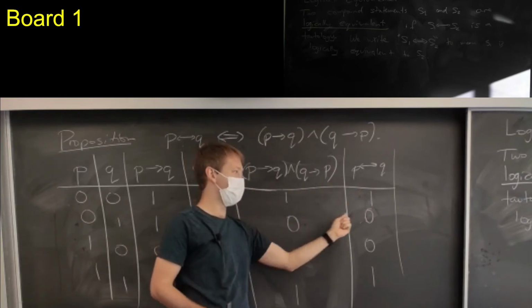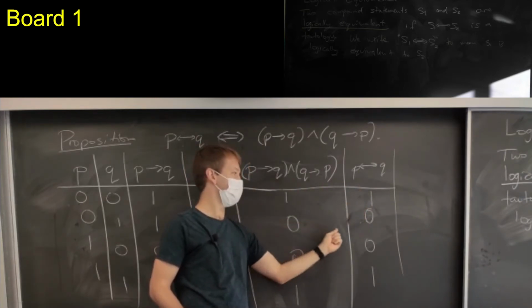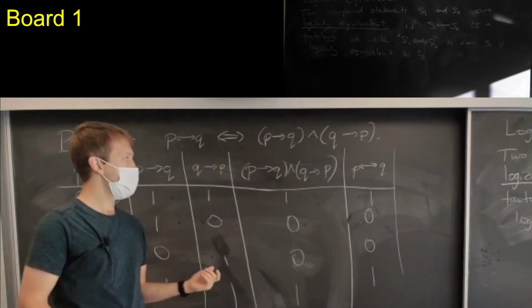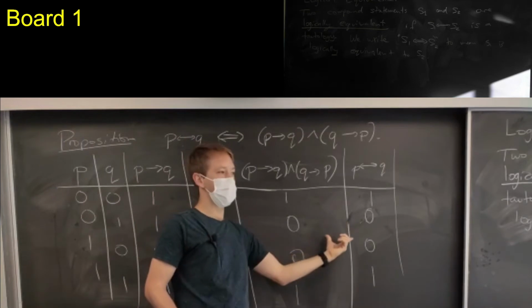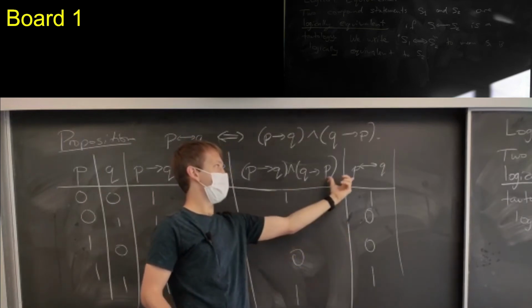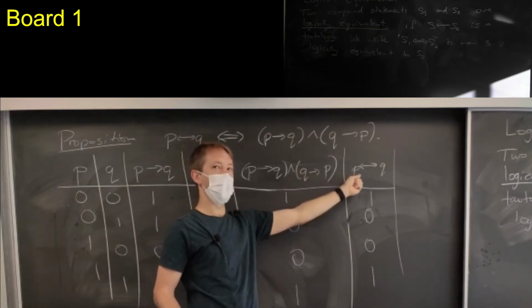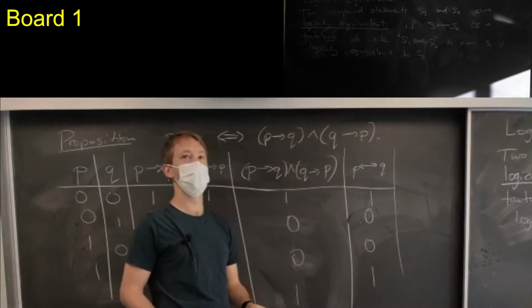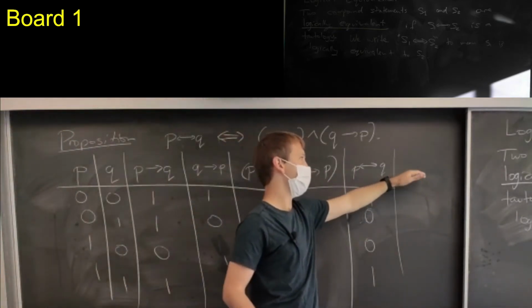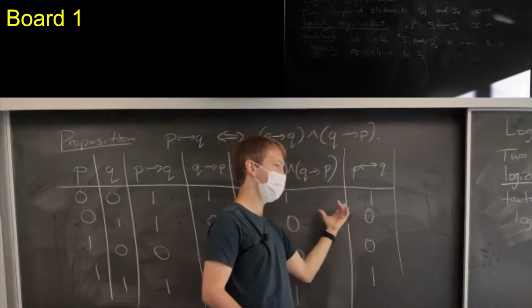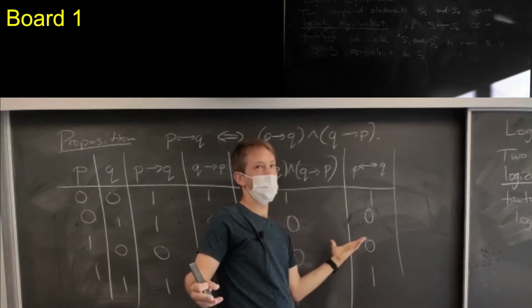Whenever this one's false, that one's also false, and vice versa. So that they literally match up. And if they have all the same values on all the same rows, that means this one, if and only if that one, is a tautology. And you don't have to write another column for that. It's just enough to say these all match, therefore logically equivalent.